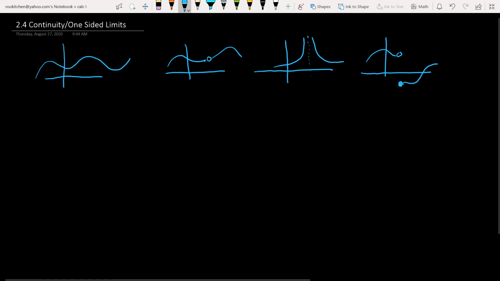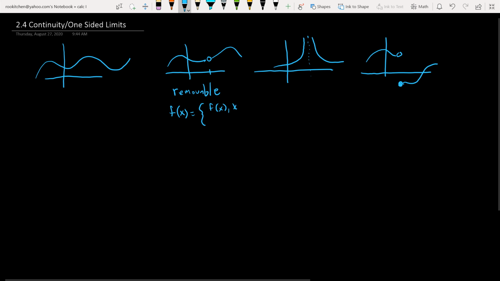Okay, the first discontinuity type is considered removable. In particular, you could define the function by filling in that dot. So you could say f of x is equal to just plain old f of x everywhere except at that one hole.